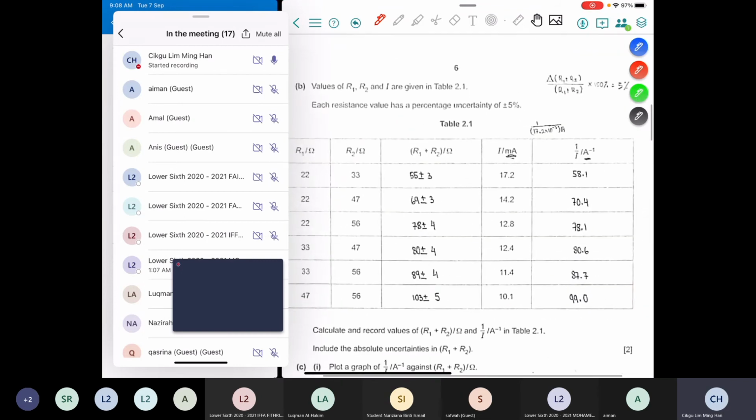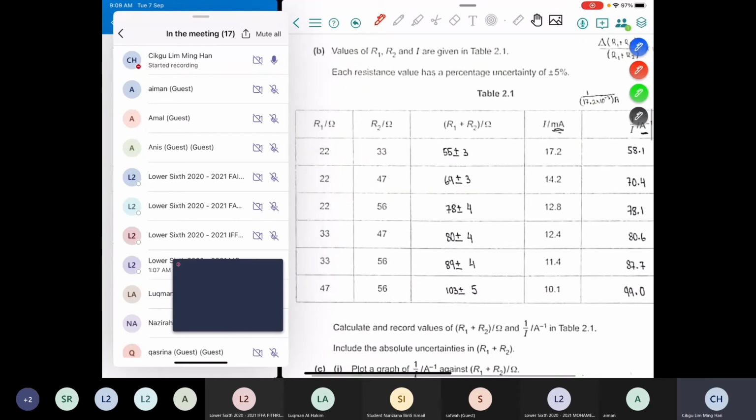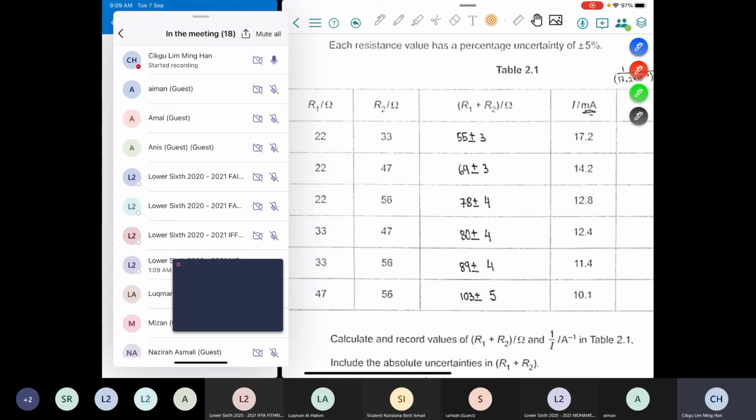And then we have this formula here. So let's see what Fatin did here. So we have R plus R1 plus R2. This is very easy, because you just simply add the values here. So you will get all these values here. And then you have this uncertainty here.